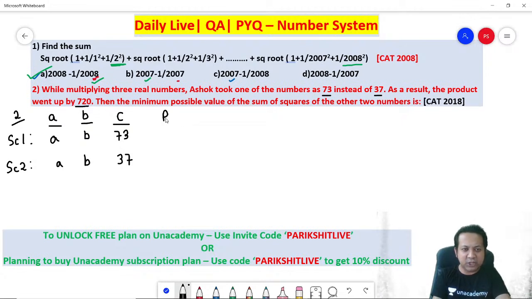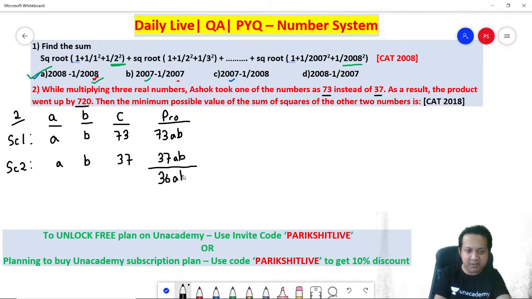What is the product in each of the cases? In the first case, the product is 73AB. In the second case, the product is 37AB. What is the difference in both the scenarios? The difference of products is 73 minus 37, which is 36AB. Now think about it.